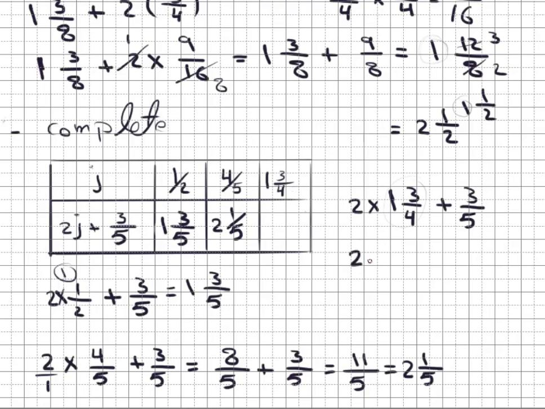It will become 2 multiplied by 1 times 4, the answer is 4, then plus 3, it will become 7 over 4. From here we can simplify. Divide by 2, the answer is 2. Divide by 2, the answer is 1. Now we have 7 over 2 plus 3 over 5.